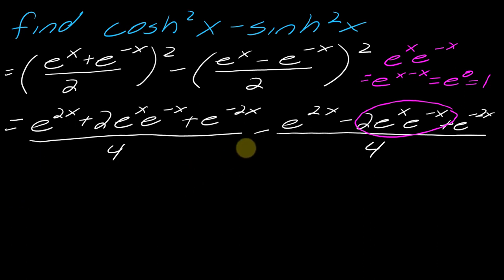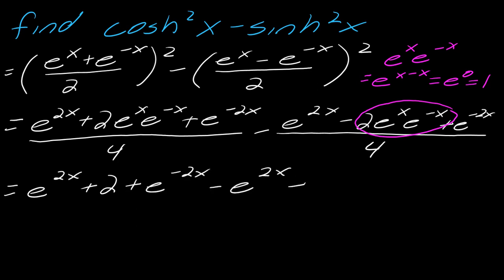Okay, so now I basically want to write all of this over the same denominator just to help me collect this. So I want to distribute this negative, and I'll rewrite these 2's. What this comes out to is e to the 2x, plus 2, plus e to the negative 2x, and this is minus e to the 2x, plus 2, and then minus e to the negative 2x.